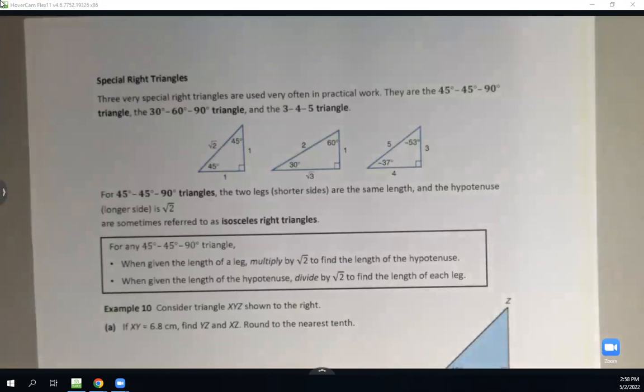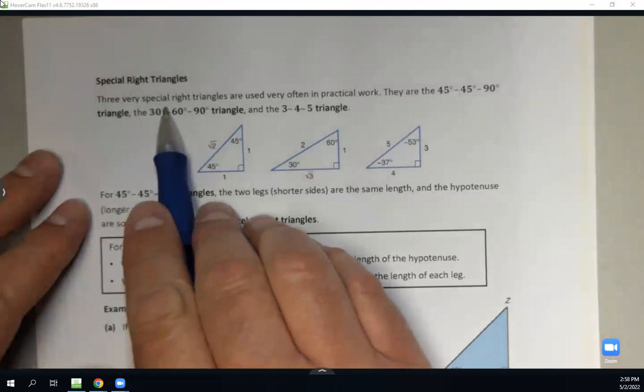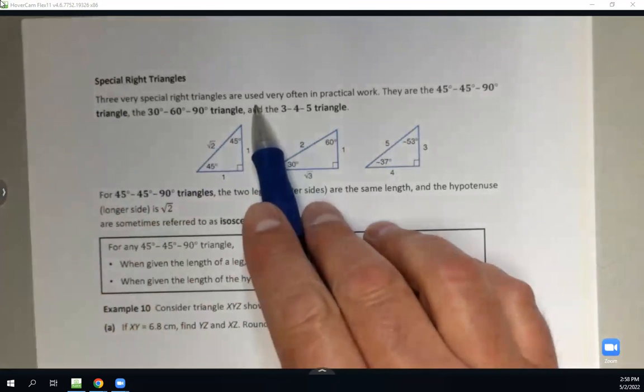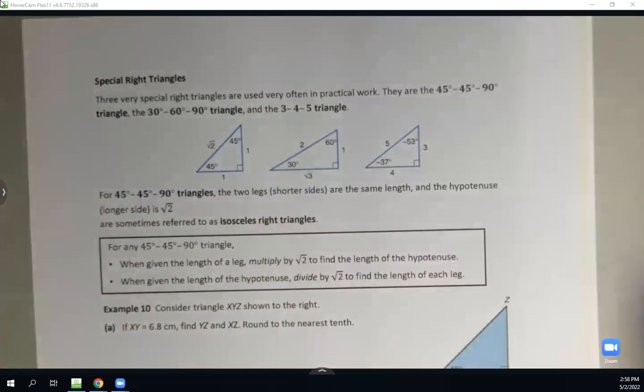So that I'll be able to figure out what the side length is of a right triangle or what the hypotenuse is of a right triangle without having to go through the trouble of the Pythagorean theorem. If you don't remember it, you can always go back and use the Pythagorean theorem if you want to. Okay. So three very special right triangles are used often in practical work.